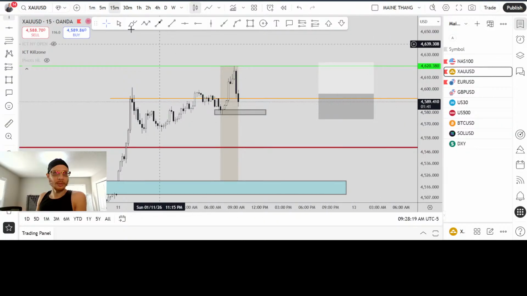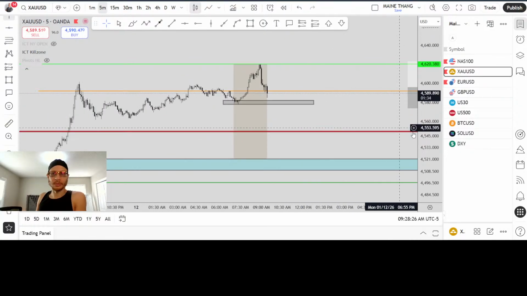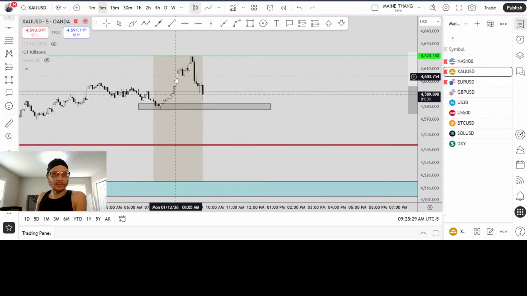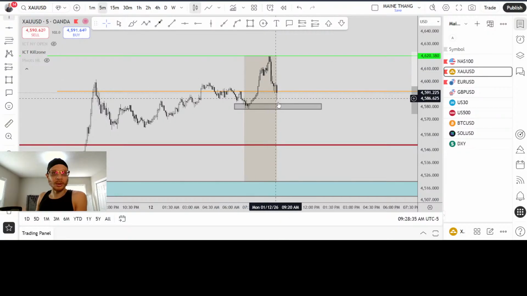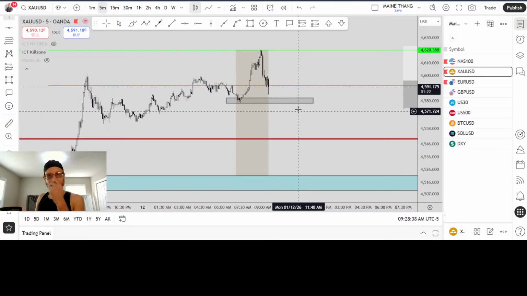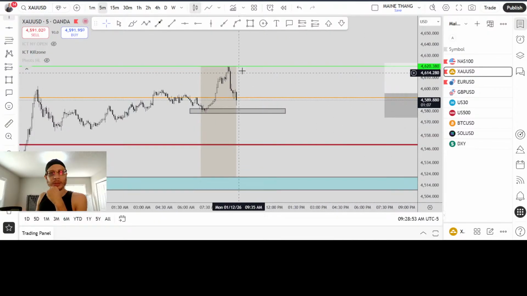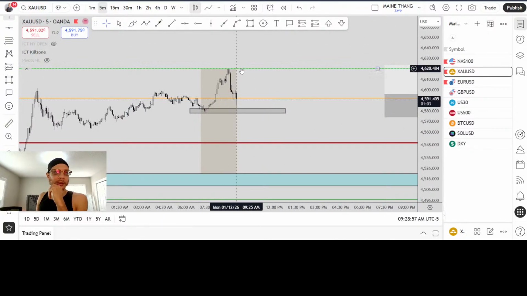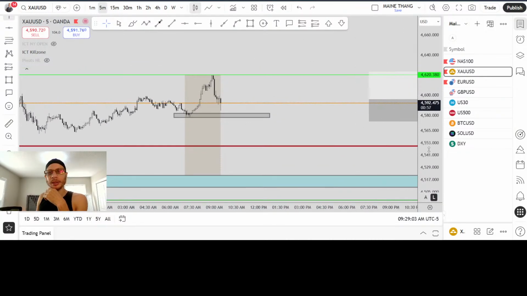2 minutes. This will be our indication, one swoop, and this will be our correction. And we are in no man's land because this is the new highest high, so I'm not too antsy on taking a trade.